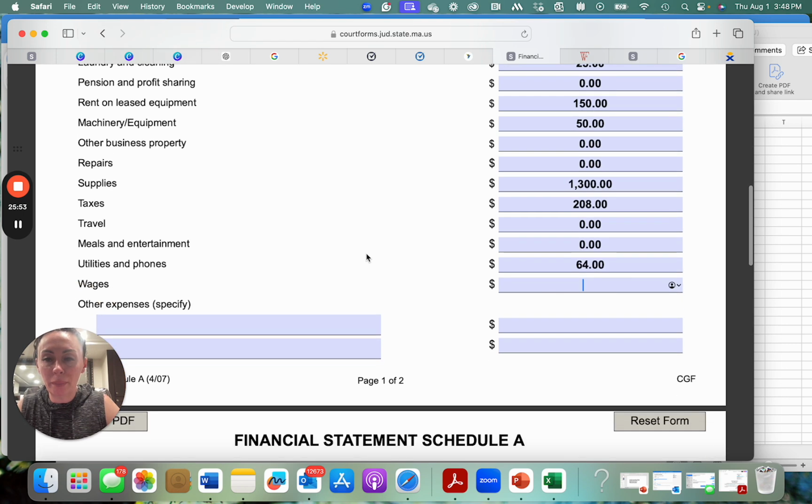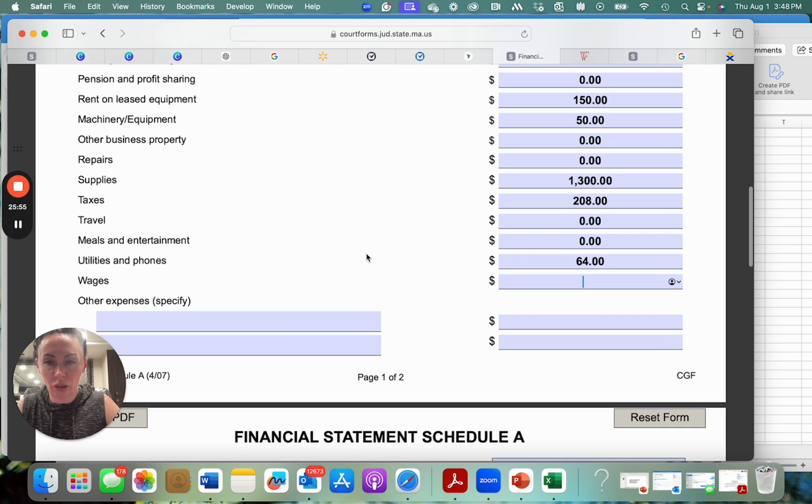Wages. What are we paying people behind the counter? How much help do you have? If you're paying them weekly, we still need the monthly amount. So you're going to take your weekly amount of wages that you're paying help. This is not yourself. This is your help. And multiplying it out by 4.3, because there's an uneven number of weeks in any given month.